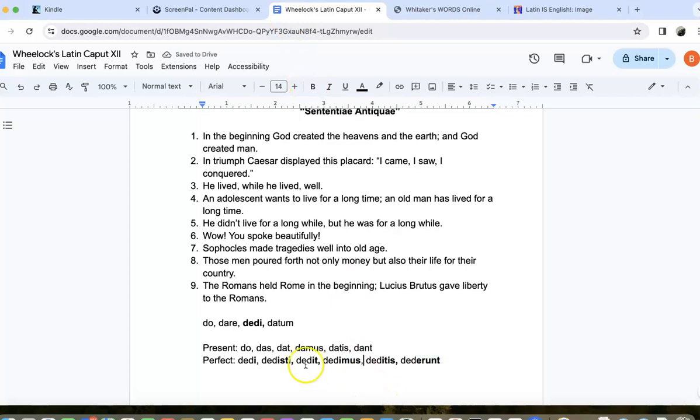So I gave, you gave, he or she or it gave, we gave, you all gave, they gave. So you can see the difference between the -o, -s, -t endings, which is the present tense, and then -isti, -it, -imus, -istis, -erunt. And so we just have to learn this new set of endings.